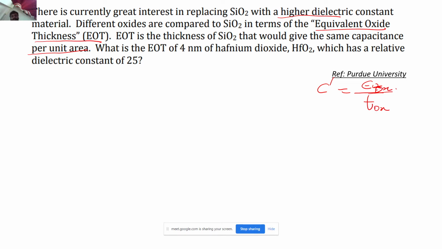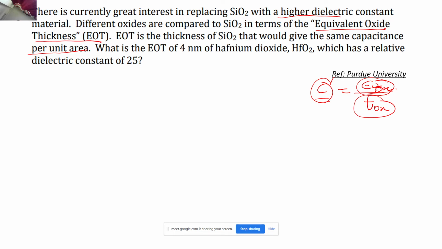So the moment epsilon changes, my capacitance value is going to change. But now what they are saying is, if I replace this material with SiO2, what thickness of SiO2 would I require to get the same capacitance as with the new material, right?